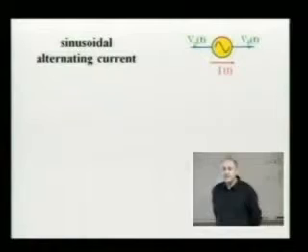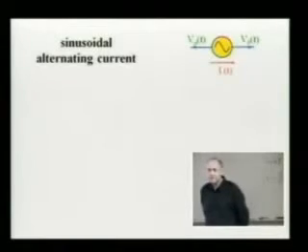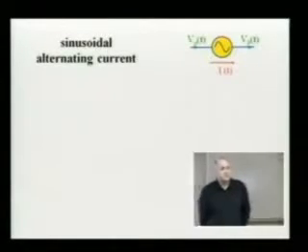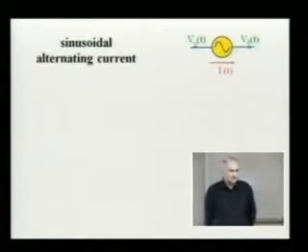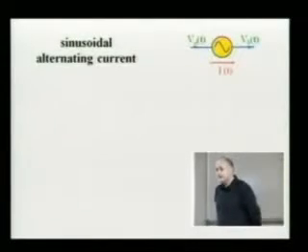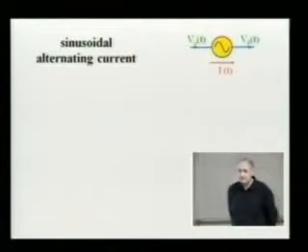And then when we find other sources of electricity, we have trouble converting it into sinusoidal current. For example, now we are trying to use solar power to produce electricity. But the problem with solar panels is that they do not produce sinusoidal current.